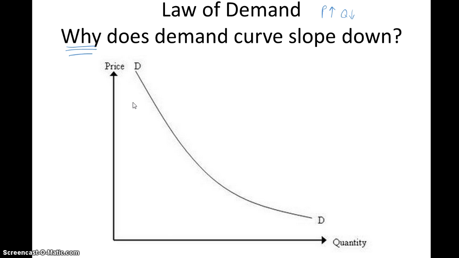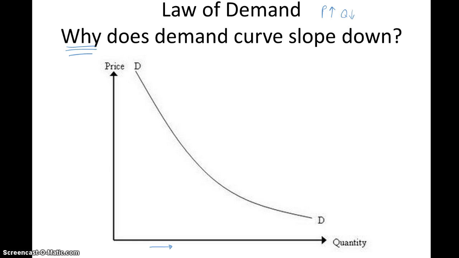The price I'm willing to pay is a measure of its utility to me. The more utility a good has for me, the more I'm willing to pay. And here, as my quantity moves this way, I'm getting more and more sick of whatever I'm buying. I'm willing to pay less and less for each one of those goods, and so therefore the demand curve has to slope down.